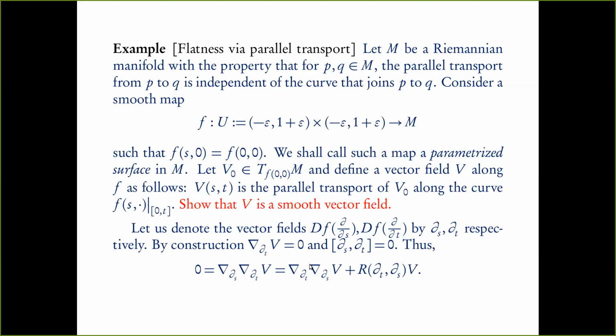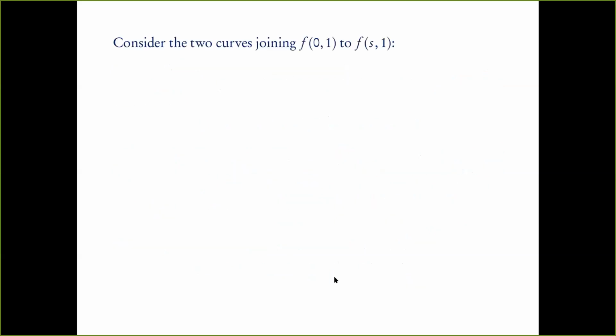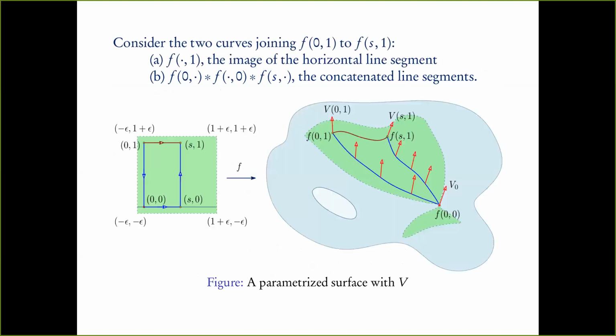So our next claim is to show that nabla del S V is 0. Okay. So now let me give you the picture. So there's the picture that we had. Now let's consider two curves joining f of 0, 1 to f of S1. So here's 0, 1, here's S1. Their images, this is f of 0, 1, this is f of S1.